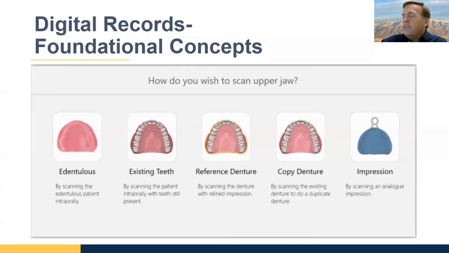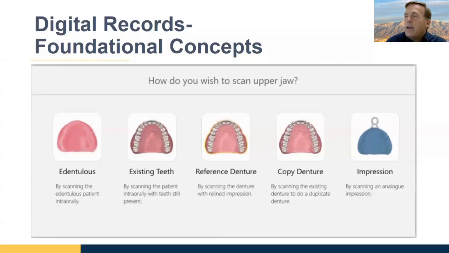Second thing is that both scanning plastic objects like a denture and scanning tissue are difficult. It's not only difficult from the camera side, but it's also difficult from the stitching side when the software is building our 3D object. So you'll need to practice with your scanner and see how well it works.